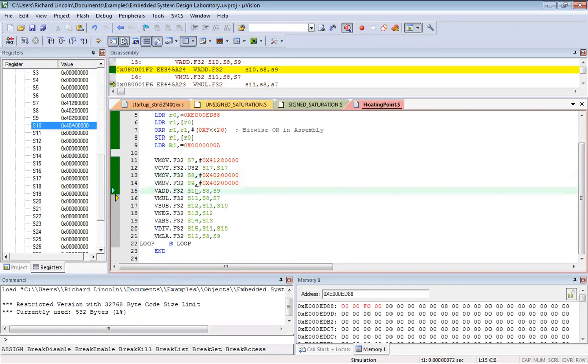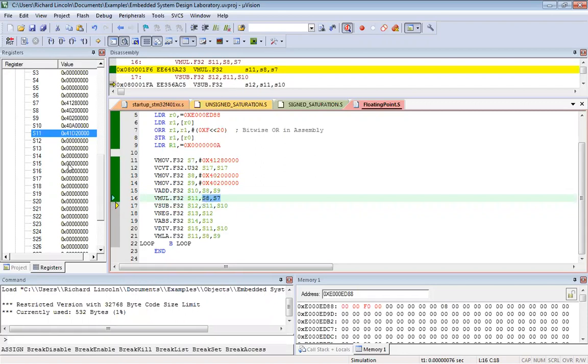Both are added, and the final value is seen in S10. The next one is in S11, a multiplication of both S8 and S7. Whatever values are in S8 and S7 are multiplied and the value is seen in S11.